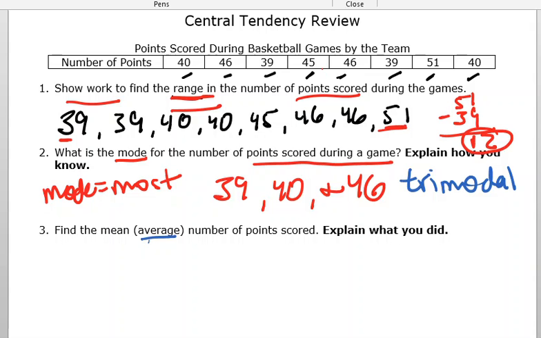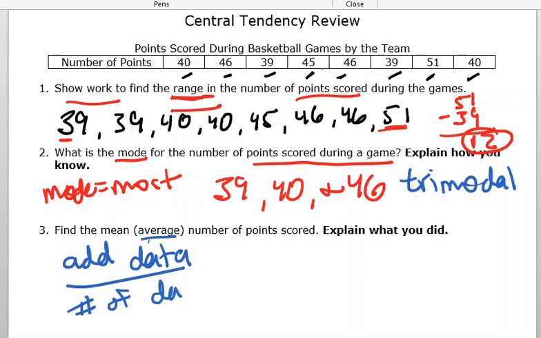And that's going to give me 346. And I have 1, 2, 3, 4, 5, 6, 7, 8 pieces of data. I divide that by 8 and I get 43.25. Okay, so how did I do it? I added data and then I divided by number of data points.